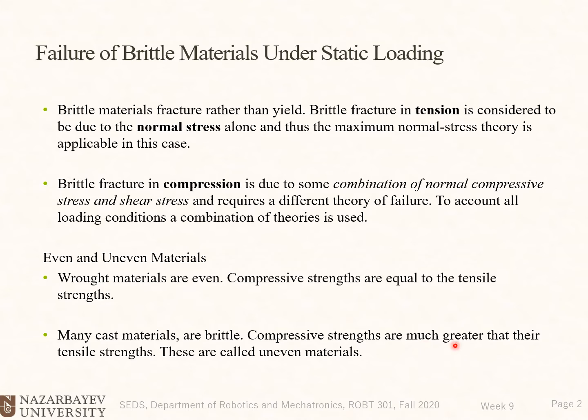Compressive strengths are much greater than their tensile strengths, and these are called uneven materials. So when the compressive and tensile strengths are equal, they are even materials, and when they are not equal, and usually compressive strengths are much higher than tensile strengths, then they are called uneven materials.